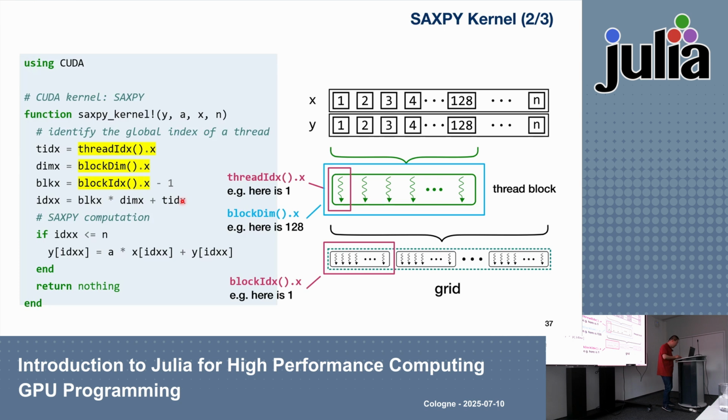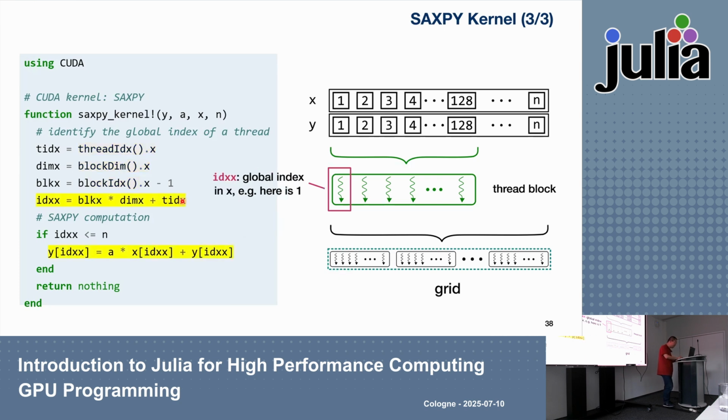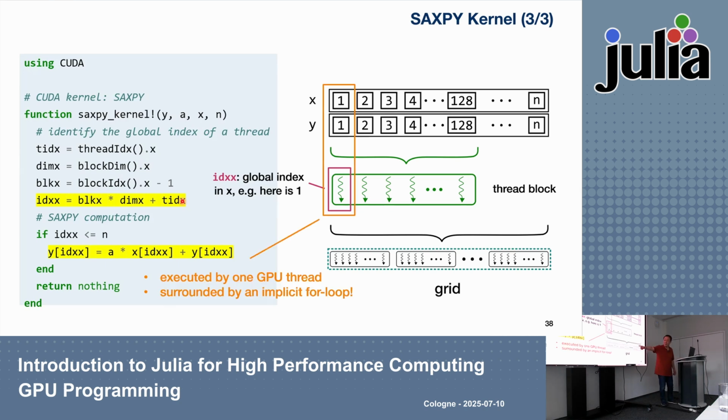This is the simplest visualization. And then you can calculate this global index and then put it to the next step to calculate the individual element. And this will be executed by GPU thread, as if this line is surrounded within an explicit for loop.